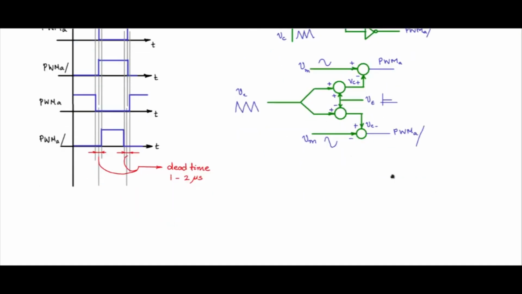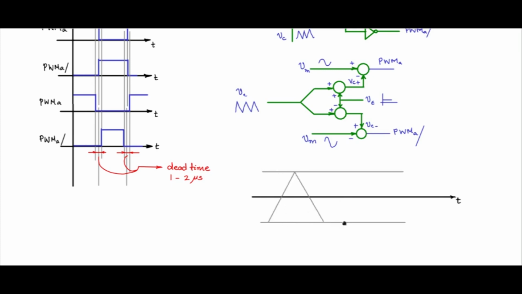Let us just have a look at the wave shapes to understand this a bit. So let me have between these two limits what is supposed to be the actual carrier. But this is not the carrier that we will use. We will add a small epsilon to this carrier and get VC plus and VC minus. So when you add a small epsilon, VC plus will look like this.